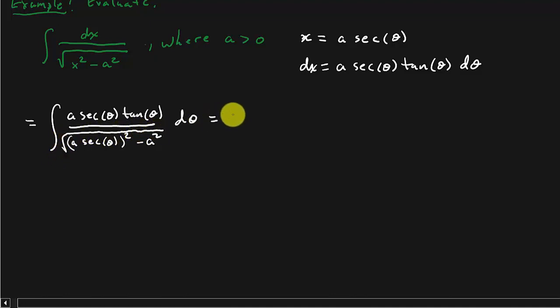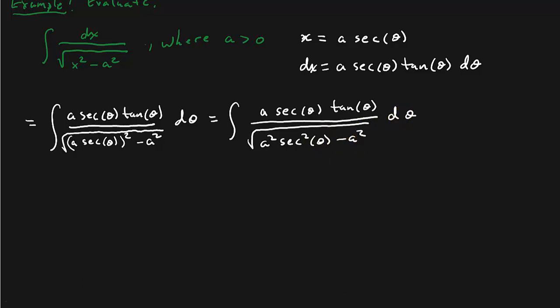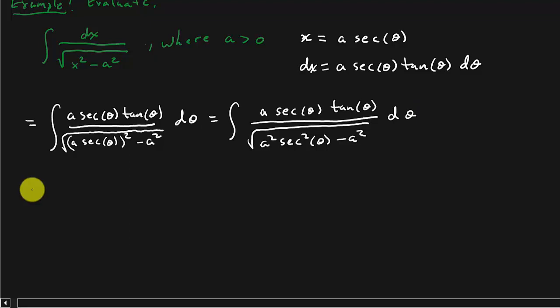And we need to put that underneath the square root. So we've got a secant theta tangent theta over the square root of a squared secant squared theta minus a squared d theta.